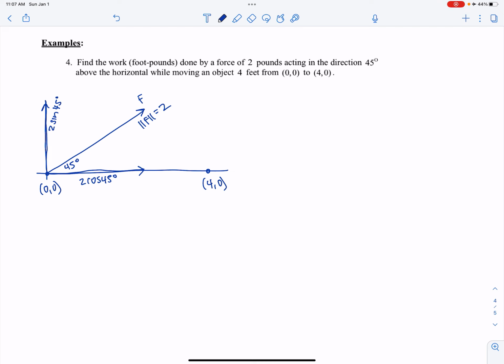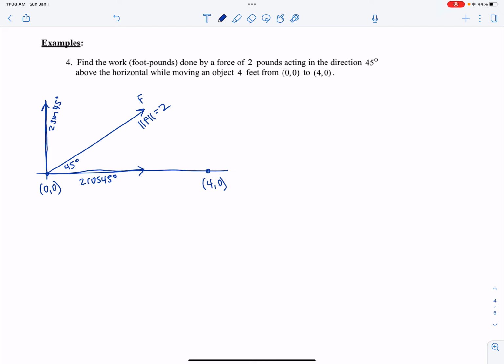You can think of something starting at 0, 0. If we tied a string to it and we pulled it at a 45-degree angle, and we want to move it from 0, 0 to 4, 0, and we're just dragging it across the floor. We want to know, what is the work done?